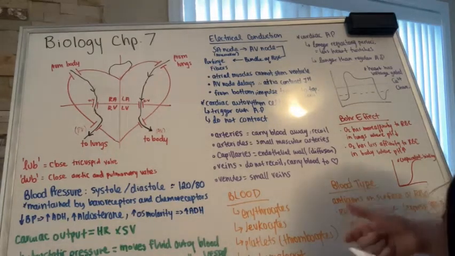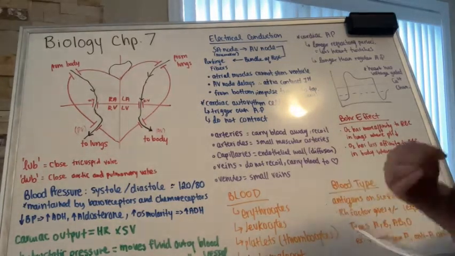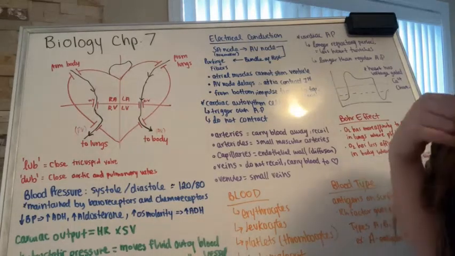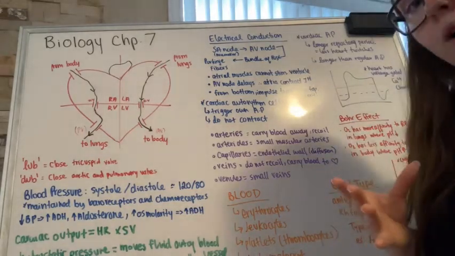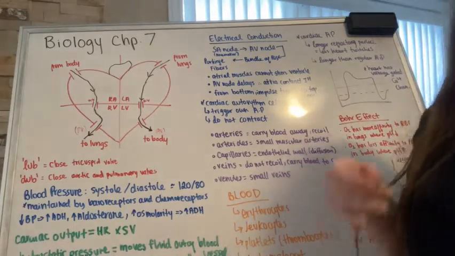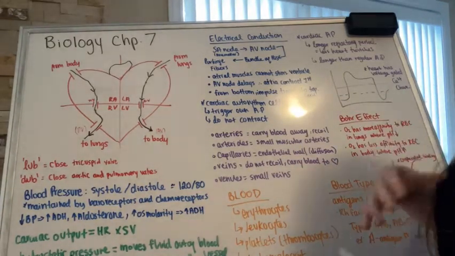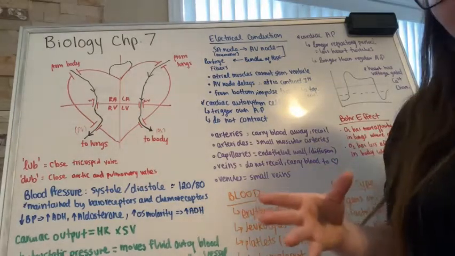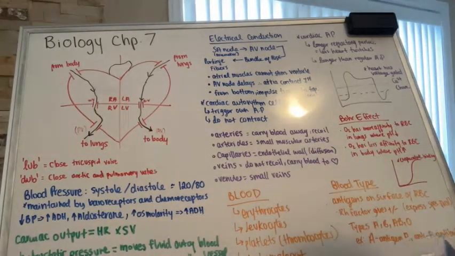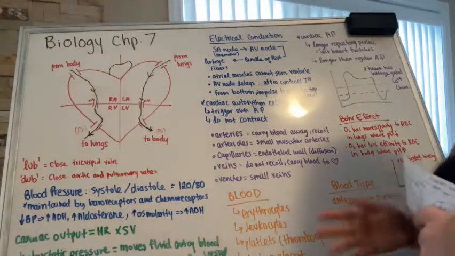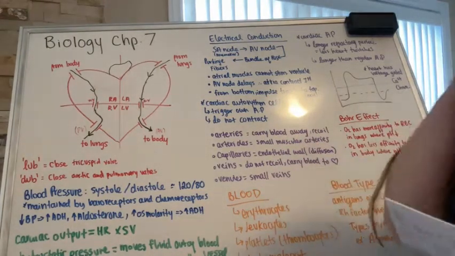And somebody with type A can receive blood from a person with blood type A or somebody with blood type O, because blood type O is the universal donor, so they are able to give blood to anybody. But other than that, it's very specific as to what blood type you can give and receive from.